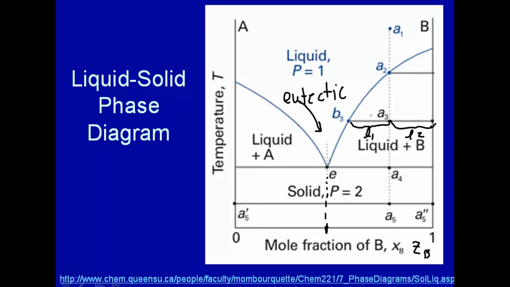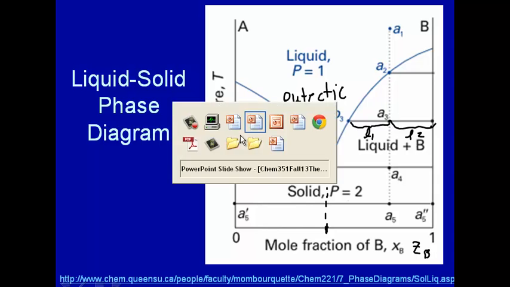For example, if you look at A as a solvent, it is saturated with B because now you have pure B being frozen out. So in this case, A is saturated with solid B. And over here on this side, you have the liquid B, which is saturated with A because you have solid A present. Okay?